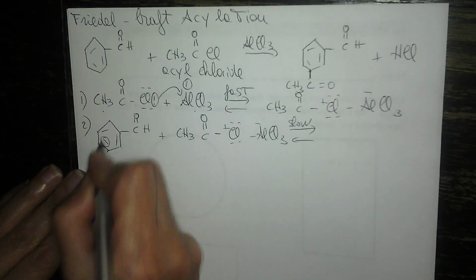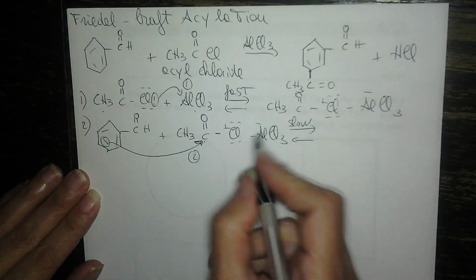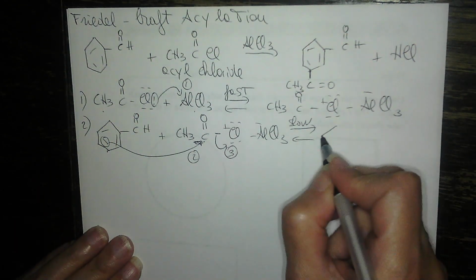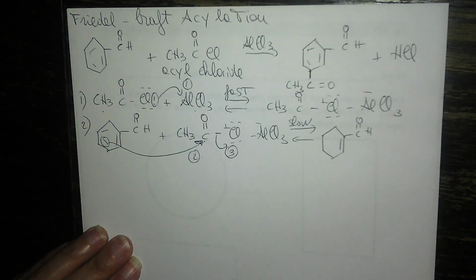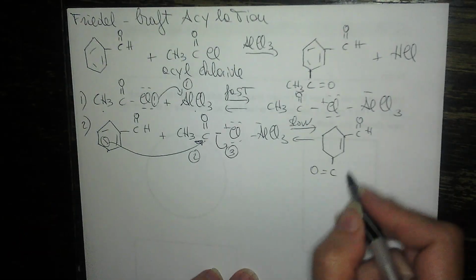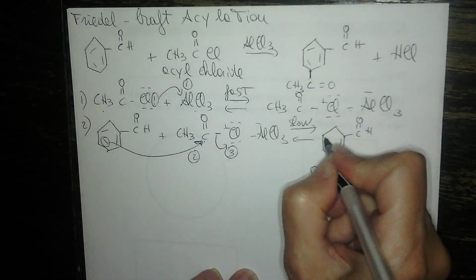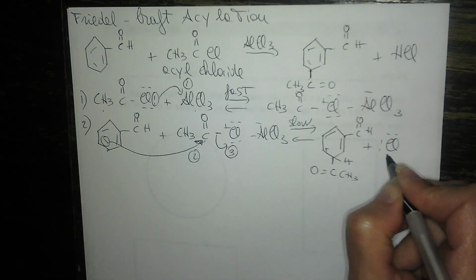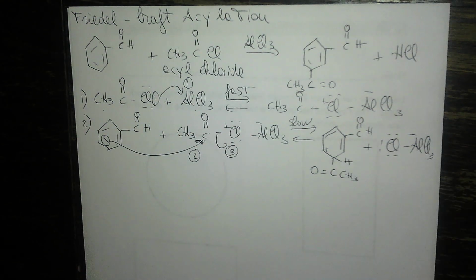So the bond that I'm going to use is this one, motion number 2, goes on this carbon, and so you release in motion 3 the chlorine. The arenium ion is this, C double bond OH, you keep the double bond here. Now the carbonyl, the C double bond O goes here, remember you have an H, so on this carbon you have a plus, and that's the arenium ion. Plus you form Cl, still in bond with aluminum chloride negative charged.